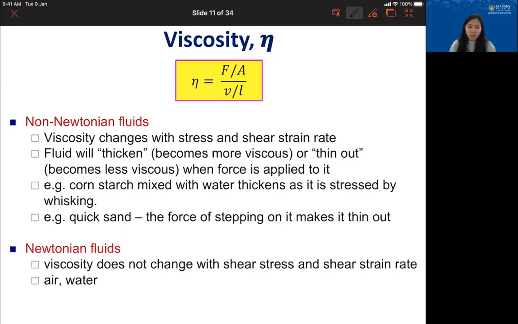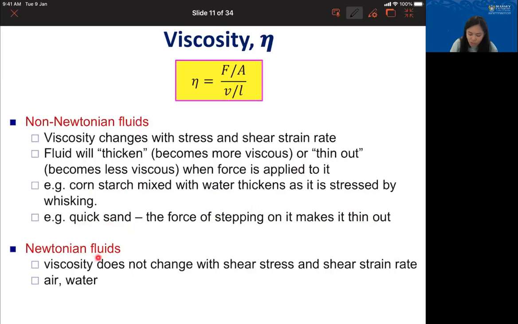You've probably heard that if you struggle and try to move about to get yourself out, you'll be in more trouble, because it will be more difficult to get out the more you struggle. That's because quicksand is non-Newtonian. The more you struggle and apply force and stress to it, the more it thins out, and the more you sink into quicksand.